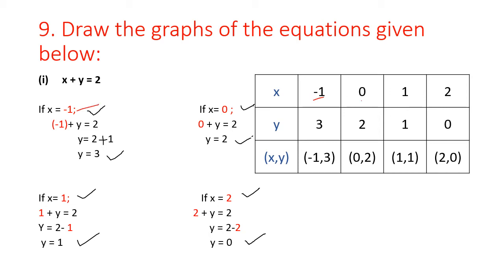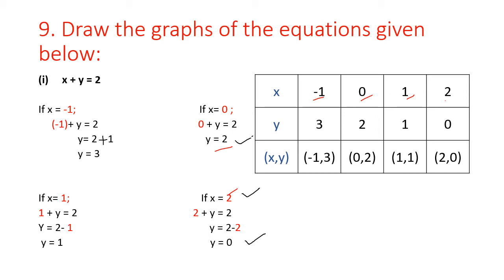This is 0, which I've taken from here. This is 1, which I've taken from here, and this is 2, which I've taken from here. So all the values of x I've written, and then all the values of y, like y is equal to 3, y is equal to 2. Whatever values of x are there, we write, and then we also write the values of y. In this way we get a table, and then we get the 4 points here.